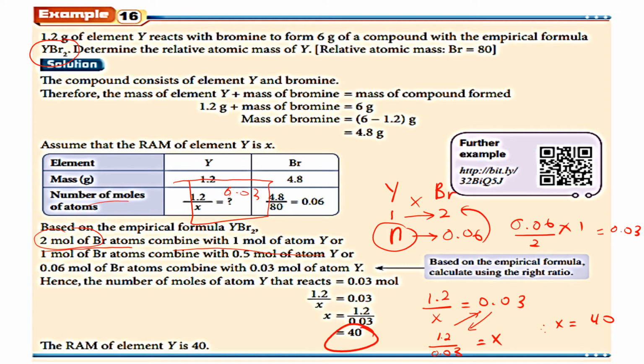That's your answer: the relative atomic mass of element Y is 40. Please look back and understand it.